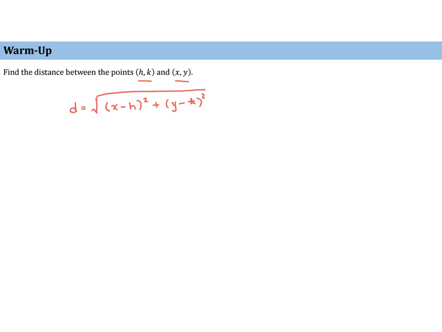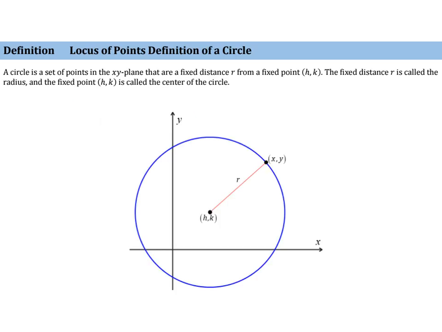So what is a circle? What we have here is the locus of points definition of a circle. And whenever we are discussing locus of points, it just simply means collection of points. So what is a circle? A circle is simply a collection of points, (x, y), that are a fixed distance r from a fixed point (h, k).